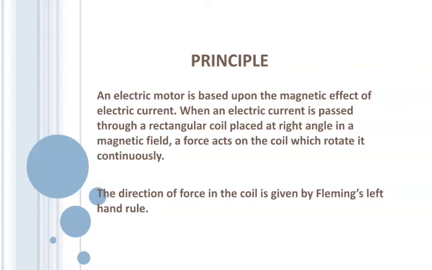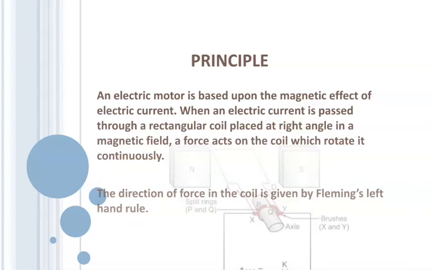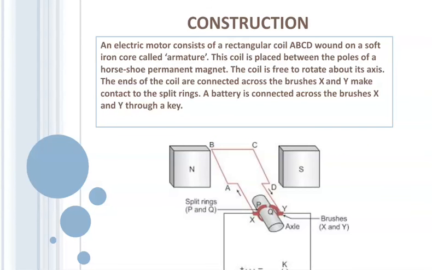Now, what are the construction and main parts? The main parts of the electric motor are the armature, that is the rectangular coil ABCD in the given figure; second is the split ring, that is P and Q; third is carbon brushes X and Y; and fourth one is a horseshoe magnet.